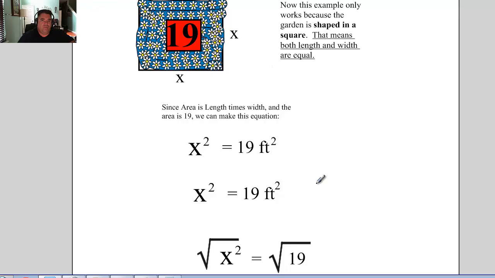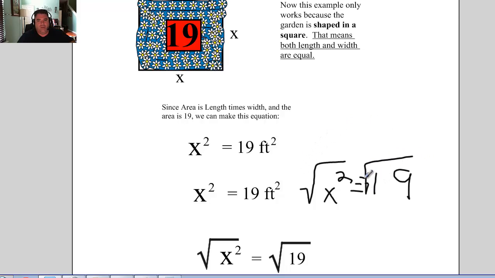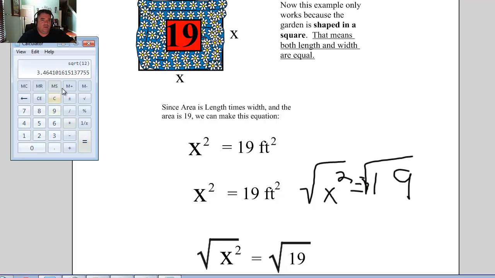Now I did something here I want to show you. So I have x squared equals 19. To get rid of this square and to find what the x is by itself, I simply root it. But like any other equation, if you do it to one side, you've got to do it to the other. So I'm going to root this side too. So what you need to do is root 19 and see what you get. So I'm going to go ahead and take 19 and root it. And I have 4.35.